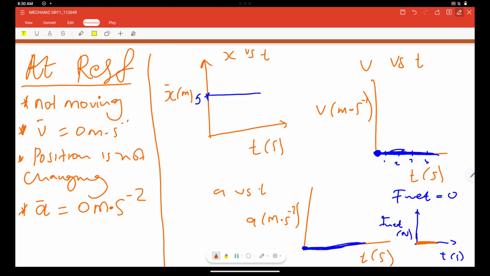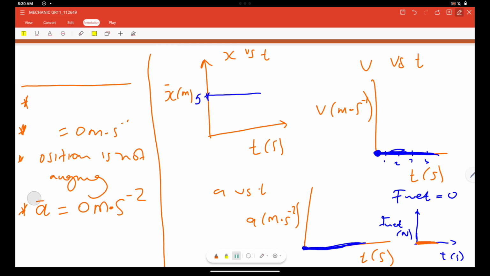Okay. So now I want us to talk a little bit about an object that is moving with a constant velocity. And I'm going to try to erase this. When we say an object is moving with a constant velocity, please note that the object is moving, unlike the one that we've been talking about.